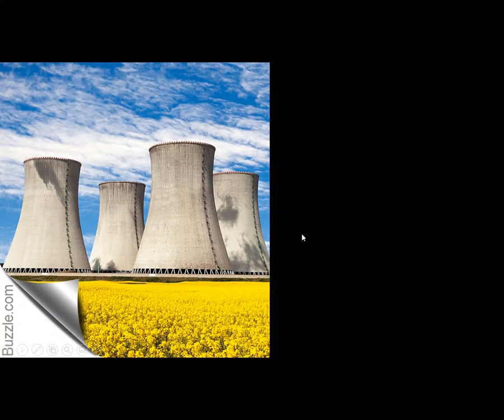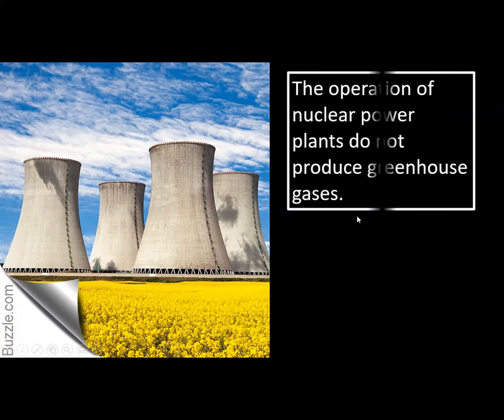This is a nuclear power plant, so nuclear fission is happening here. The operation of nuclear power plants does not produce greenhouse gases, and the most common type of greenhouse gas is carbon dioxide, which is the main culprit in one of our major environmental problems, called global warming.